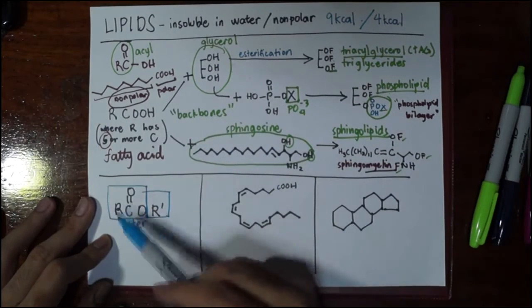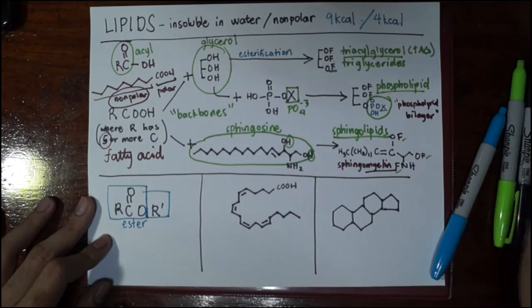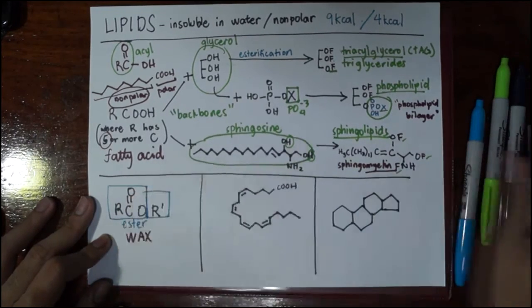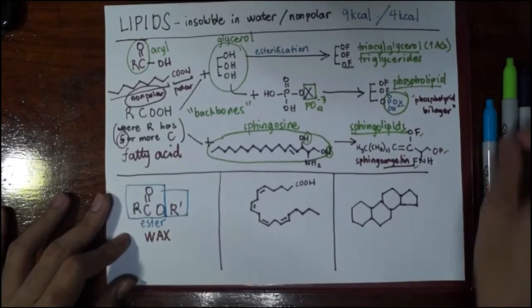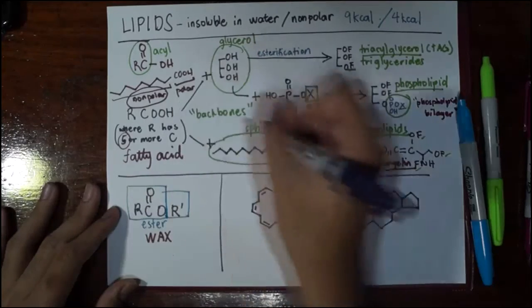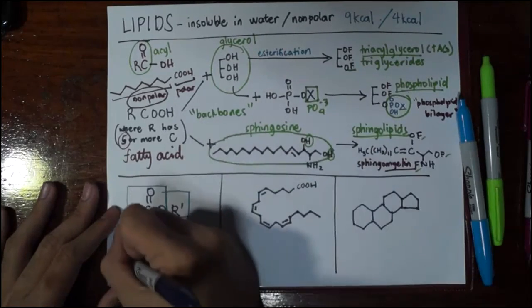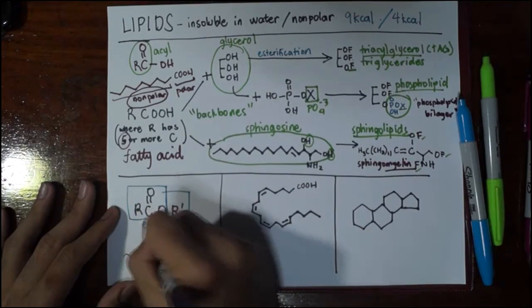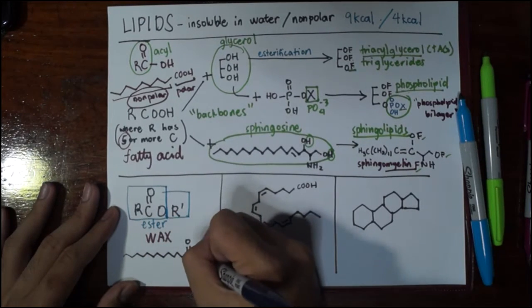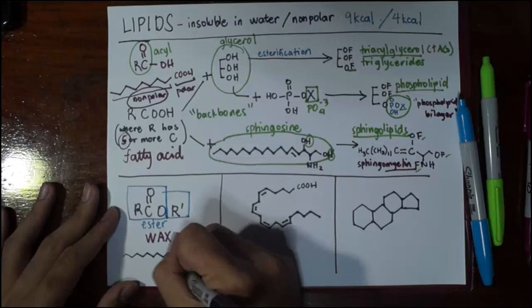Alright, we would now form a lipid, specifically an ester, which is known as a wax. And if you draw it, we say that fatty acids are long chain and they are straight chain. It would look something like this. Then the alcohol is long chained also, so it will even be longer.